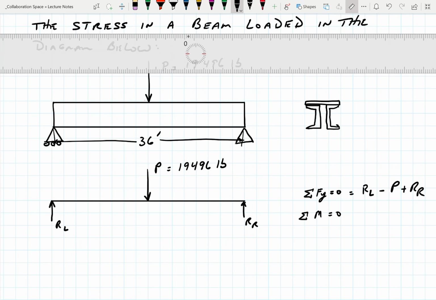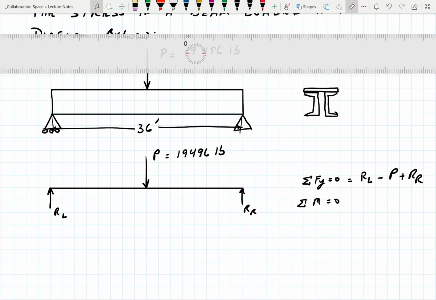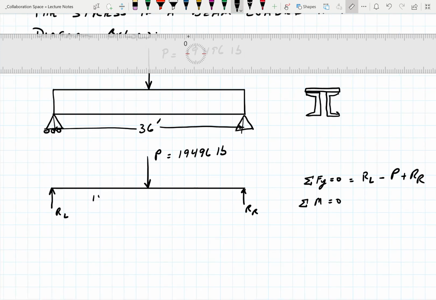So really the very first equation you should work on is sum of the moments. Okay? And we can solve for those two. All right? So, first things first. We have 36 all the way across here, which half of 36 is? 18. At least I was hoping it was 18.